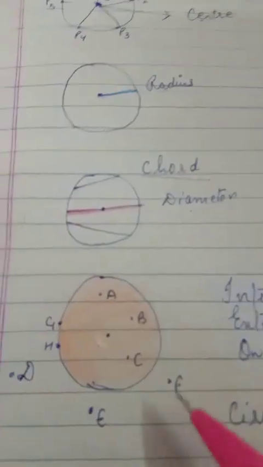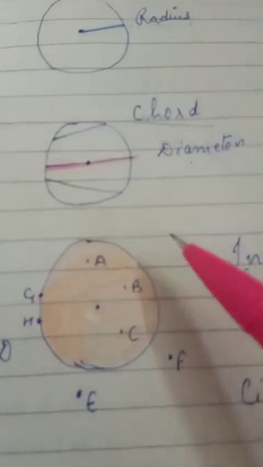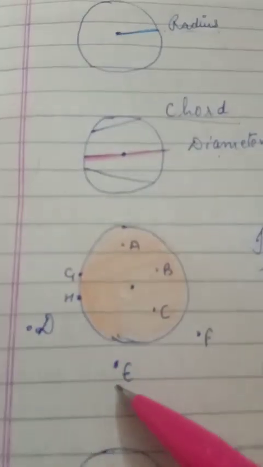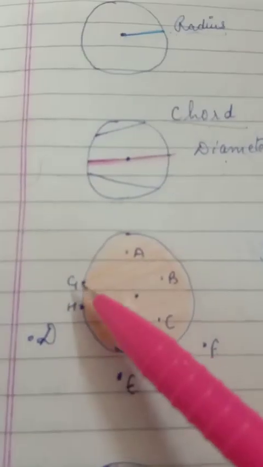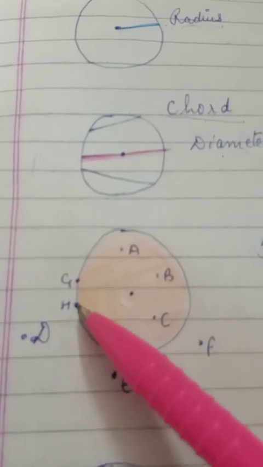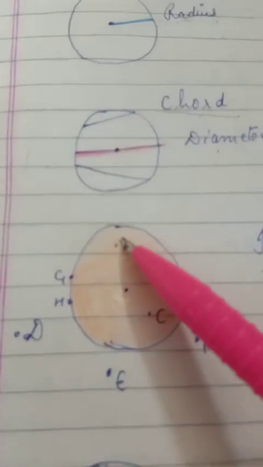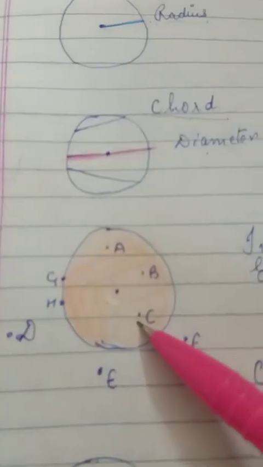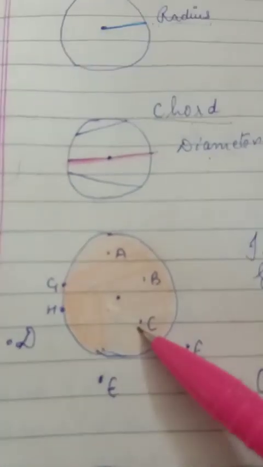Now coming to the next term, as you all can see, this is a circle. There are some points inside the circle, there are some points outside the circle, and there are few points on the boundary of the circle. So all the points which lie in the interior of the circle are called interior points.